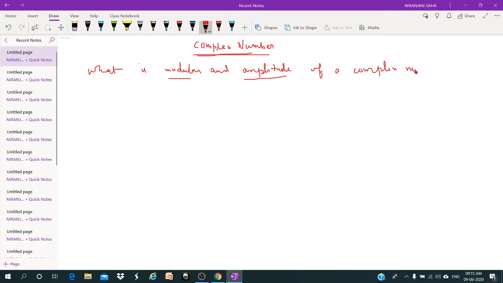Now today I will discuss some problems related to modulus and especially amplitude, which is very tough to understand. So a little discussion on modulus, but a large discussion on amplitude or argument. So let's start.